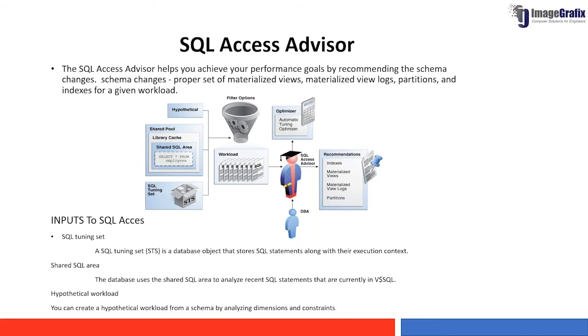The schema changes are like a proper set of materialized views, materialized view logs, partitions and indexes for a given workload, right? As a DBA, you'll be interested in knowing these things so that you will be able to deliver the output better, right?